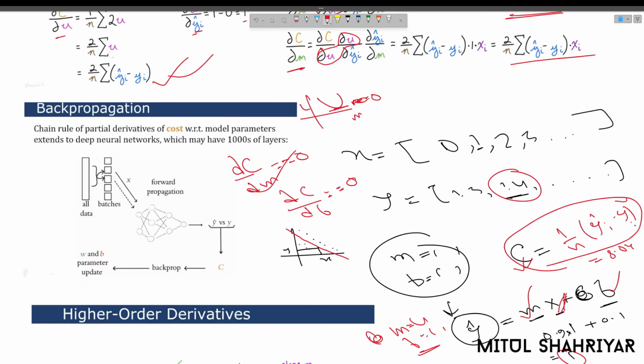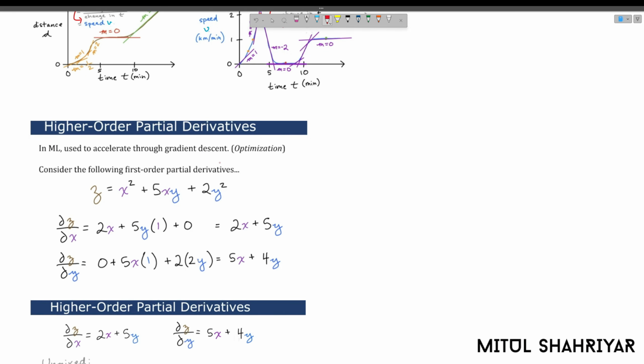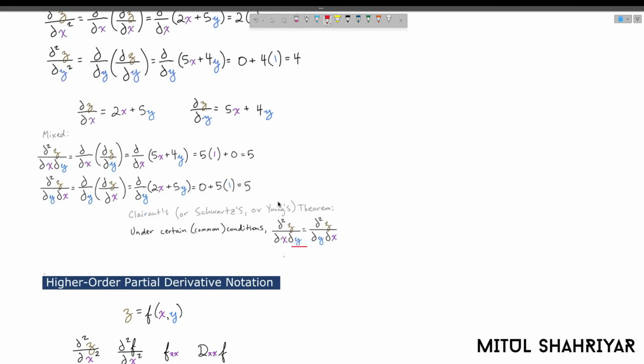Let's go for that. We'll just look into the higher order partial derivatives. That's basically the powers we have. So z equals x squared plus xy plus y squared, and so on. Assume that z equals something. If you want dz/dx for only x, you will end up with this. For dz/dy, we'll end up with this. Then higher order partial derivatives.